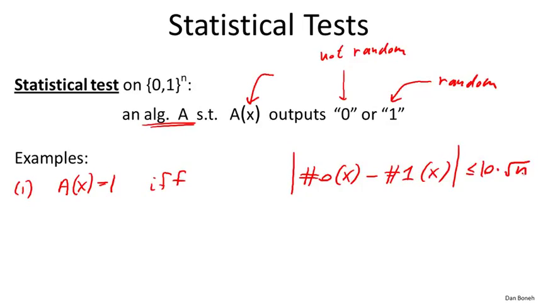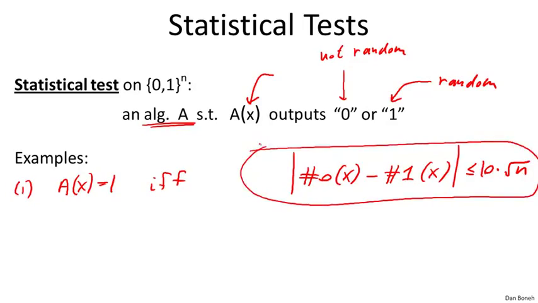If the difference is less than 10 times square root of n, the statistical test will say the string x looks random. If the difference happens to be much bigger than 10 times square root of n, that starts to look suspicious, and the statistical test will say the string you gave me does not look random. This is our first example of a statistical test.